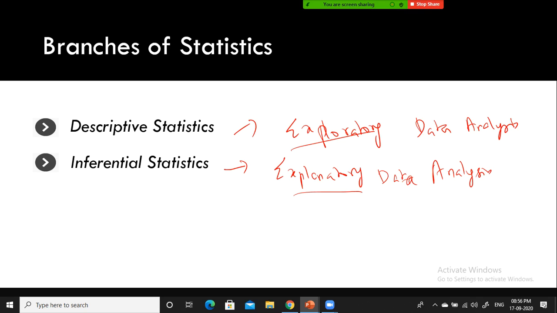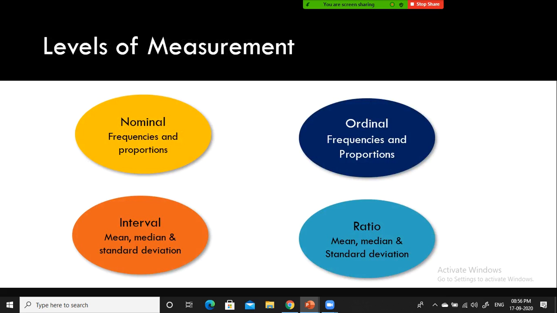Knowing whether the column is a categorical variable is not sufficient. In statistics, they introduced something called levels of measurement. They classified the variables into different types. One is the nominal type of variable and the other is the ordinal type of variable. Both nominal and ordinal types of variables are qualitative variables.